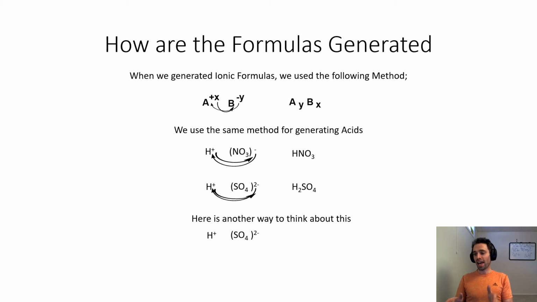We could actually add another hydrogen. Now we have hydrogen plus, hydrogen plus. This gives us 2 H pluses and 1 SO4 2-, which would give us the formula H2SO4. I hope that helped.